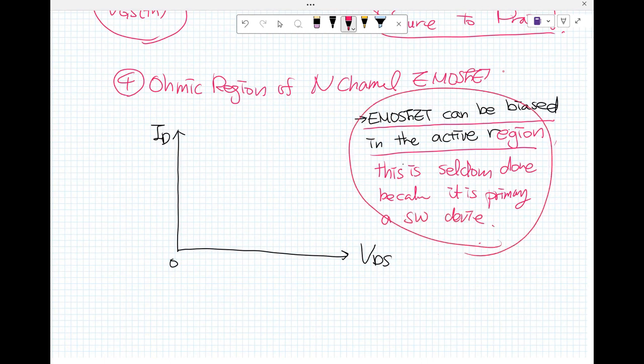Okay. So usually the E-MOSFET is biased in the ohmic region.